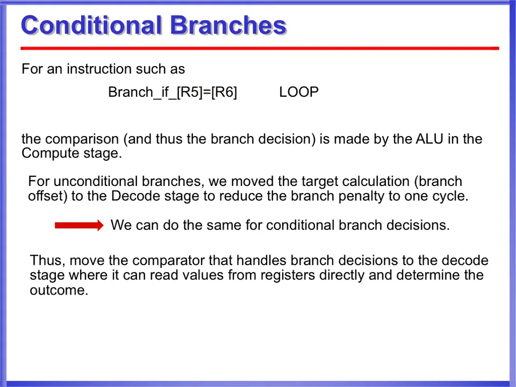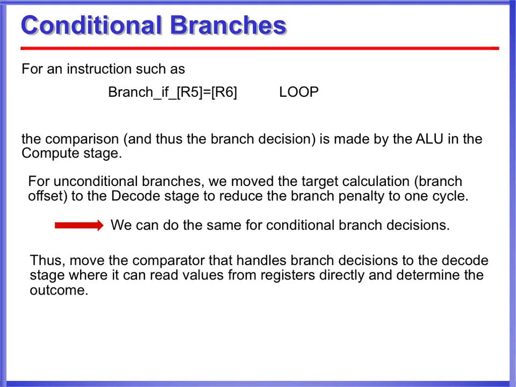Well, let's take the same approach as the target address computation. Let's add hardware to stage 2, the decode stage, in order to not only calculate where we're branching to, but also whether we're branching, if this condition is true or not. So we add a comparator to stage 2 of the hardware.